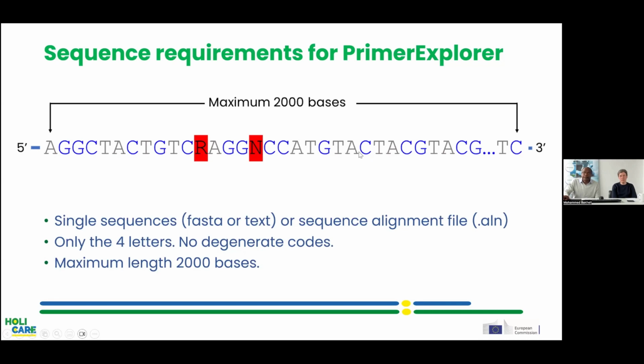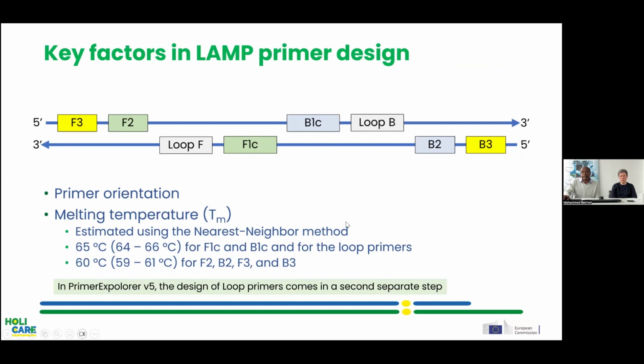Your sequence should only contain the 4 classical letters, so no degenerate sequences. It only accepts A, G, C, T. The software also accepts single sequences, but also sequence alignment files, which are called .aln files. You can upload either of these, and then start with your sequences.